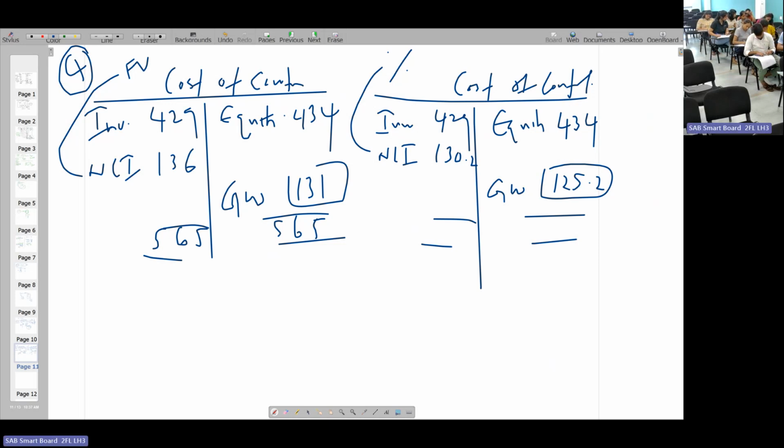There is a different accounting treatment on impairment of goodwill based on NCI calculation.